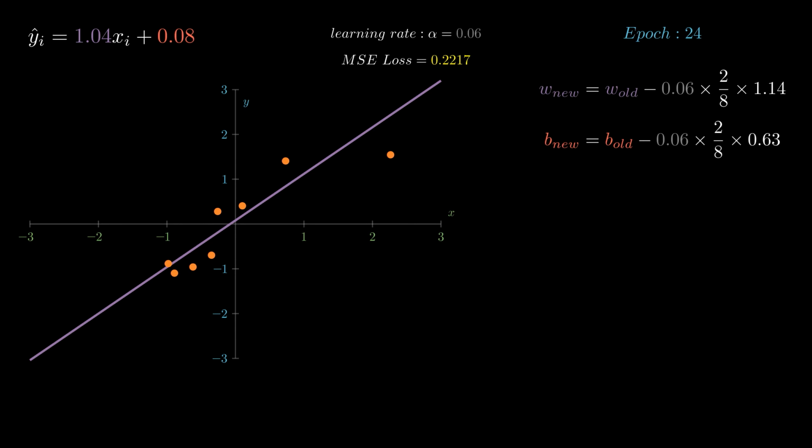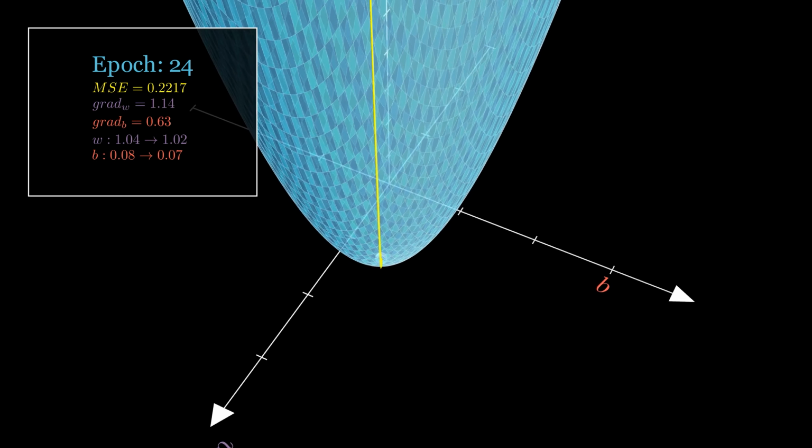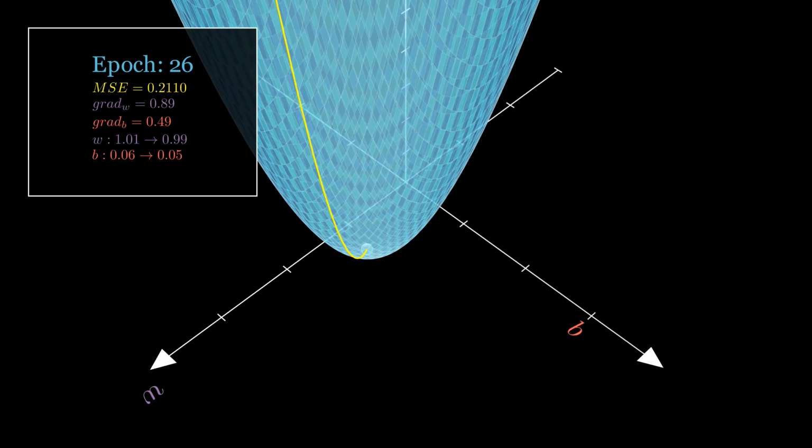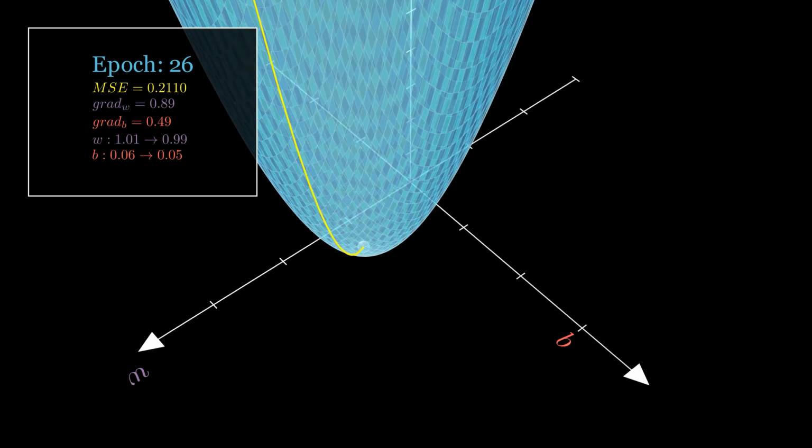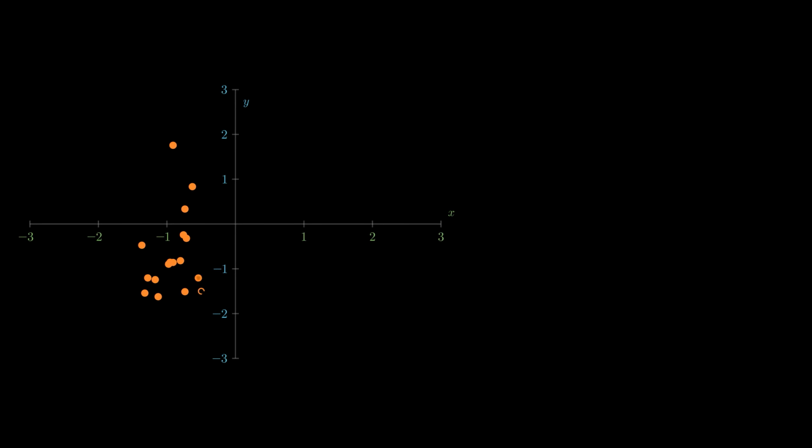This is how the loss plot for this model looks like. It's in 3 dimensions because of the extra bias parameter. Now let's experiment with different datasets.